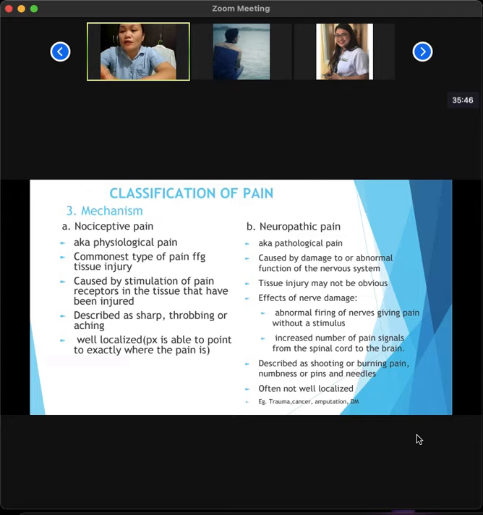And it is often not well localized. Example is trauma, cancer, amputation, or TM.